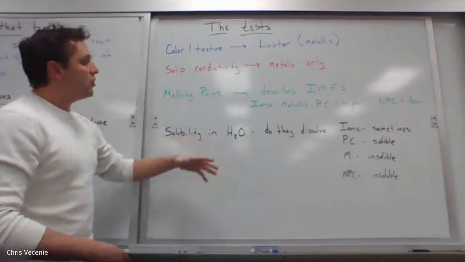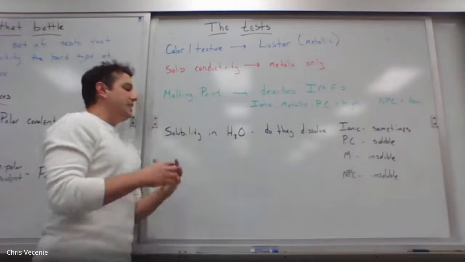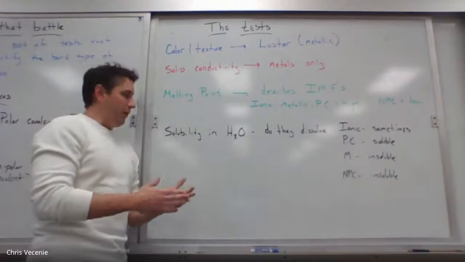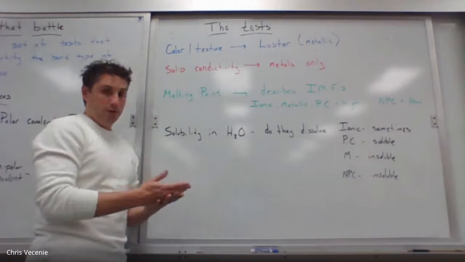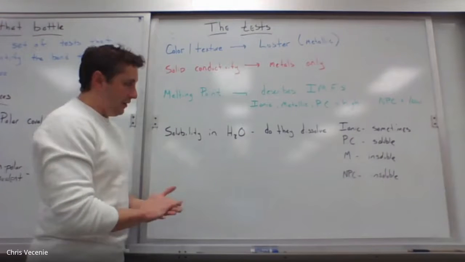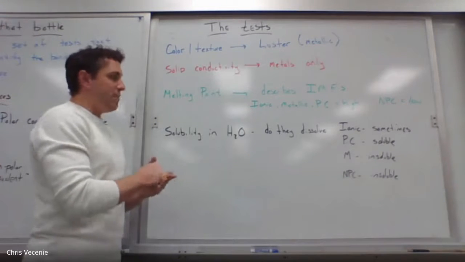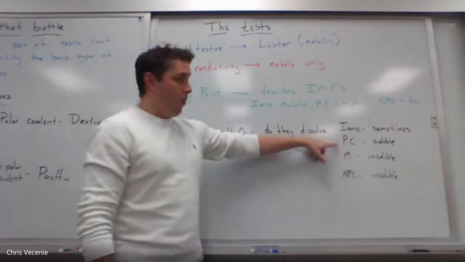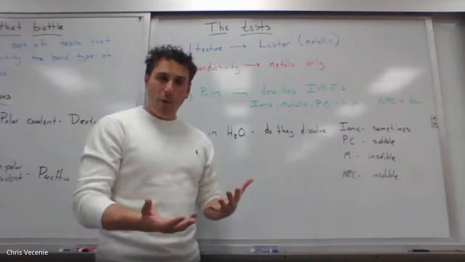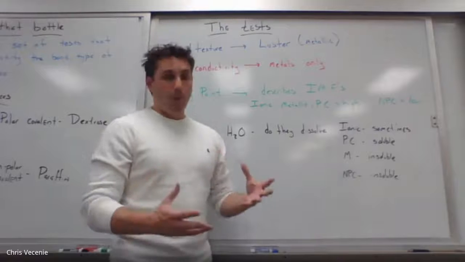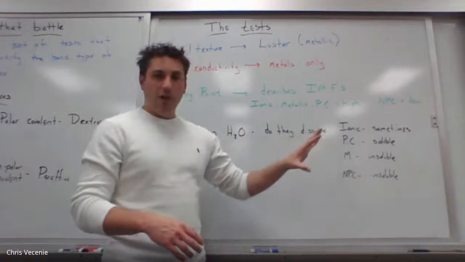If a substance is soluble in water, there is a decent chance it is like water, meaning it is polar. And of the ones on our list, the only two that might fit that criteria are a polar covalent, polar with polar. Ionic, we know, is superpolar, and it says sometimes, and I'll talk about why.